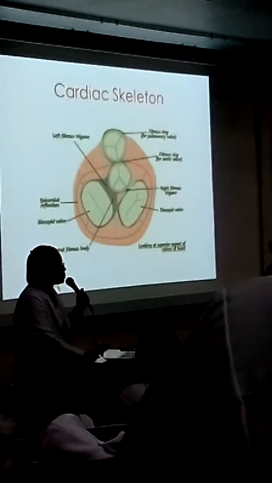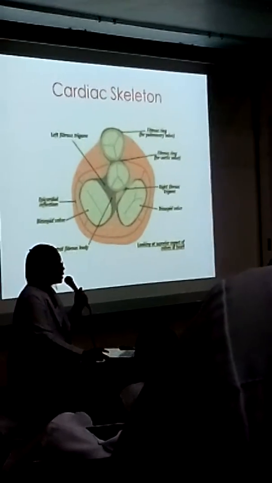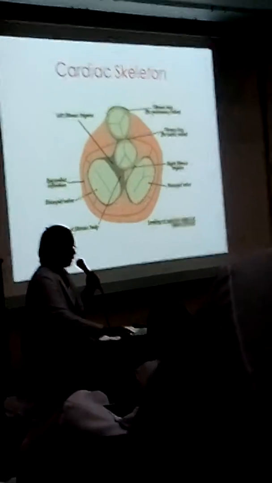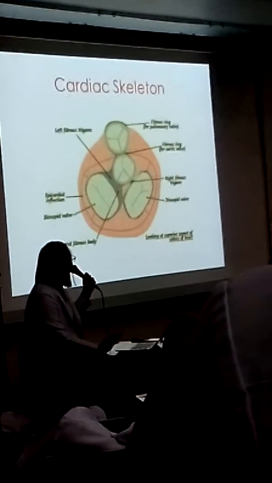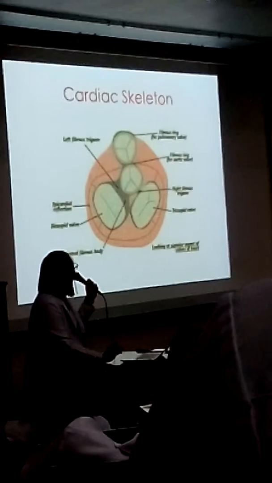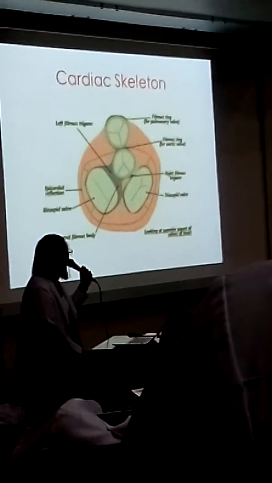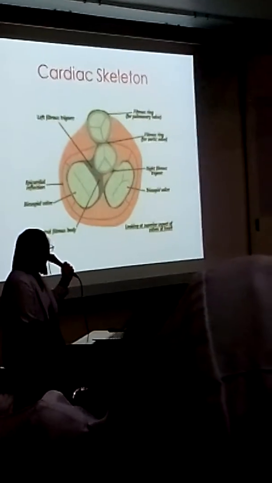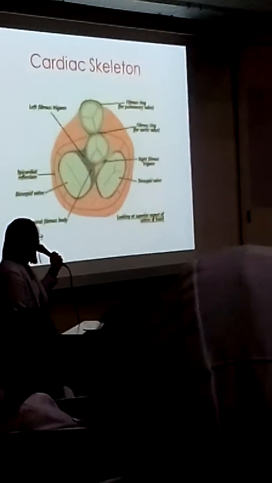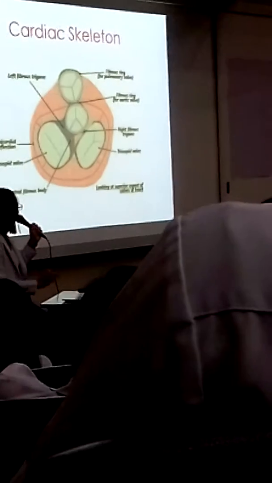Take note that your membranous part of the interventricular septum is devoid of cardiac muscle. So basically, that's the structural organization of cardiac muscle. The trigone connects your rings. So there are two trigones, which I mentioned earlier, your right and your left, which connect the rings.